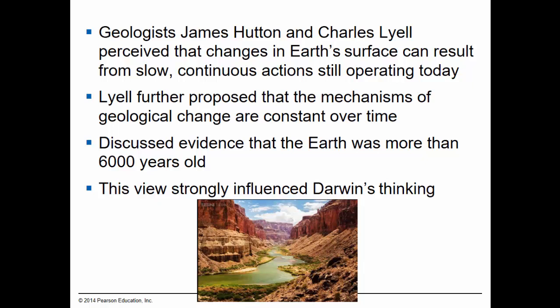Well, that's the approximate age of the Earth as determined by events in the Bible. So before Charles Lyell and James Hutton, many people believed that the Earth was 6,000 years old. And these two scientists were some of the first to propose that it's much older and these processes have been going on for a much longer period of time.